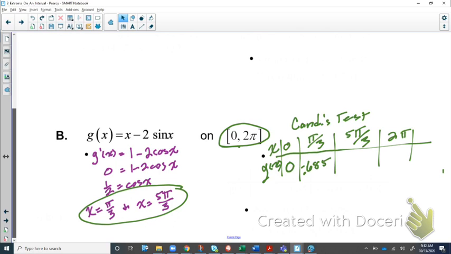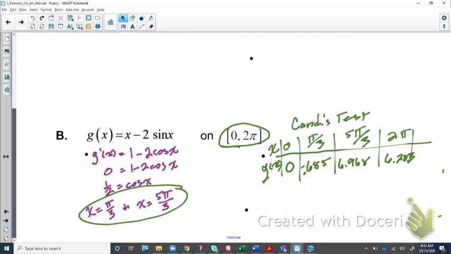At 5 pi over 3, I'm getting a positive 6.968 on my calculator. And at 2 pi, I'm getting a positive 6.283. What we're trying to identify again is where I have the minimums and the maximums.